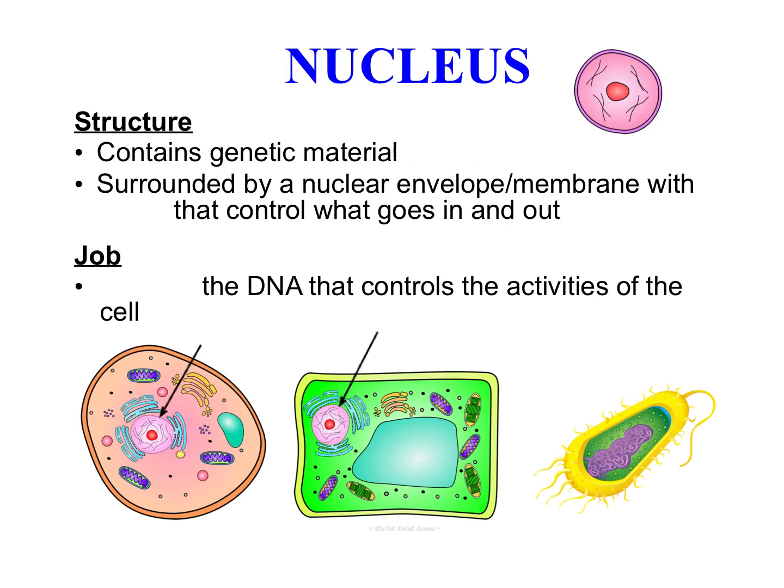Now we are ready for the nucleus, and you can see the little picture of what it looks like here. And the structure of the nucleus is that it contains our genetic material. So for us, that would be DNA. And so DNA is found in this little inside structure here. And it is surrounded by a nuclear envelope or membrane with pores that control what goes in and out.